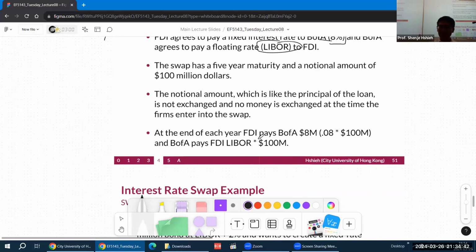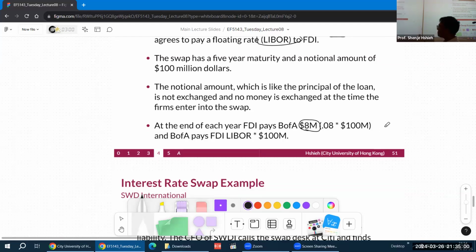In the end, FDI will pay one lump sum of 8 million, which is 0.08 times 100 million. But there should be one final lump sum payment at the end too.